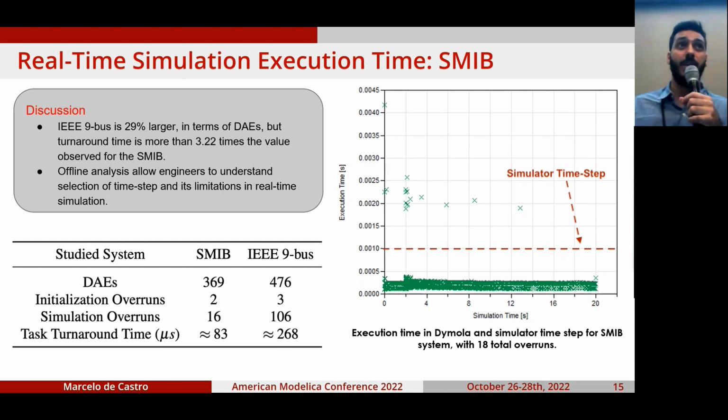So you are able to see how many overruns you're going to encounter if you choose a certain time step size. Here you see that the SMIB system, which has 369 DAEs, had approximately 18 overruns total, and an approximate turnaround time. The turnaround time is the time that you take to read the inputs, do the calculations, and perform the outputs, making them available. Here it's 83 microseconds.